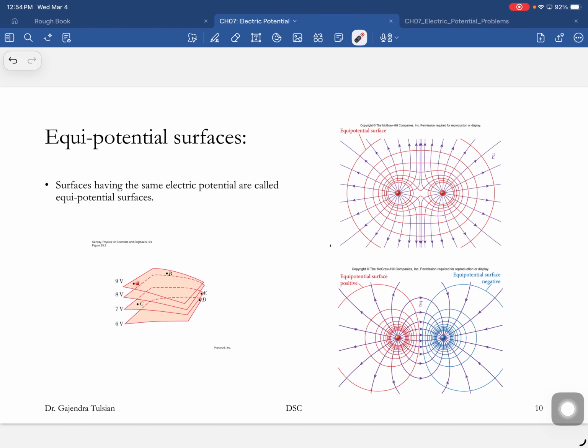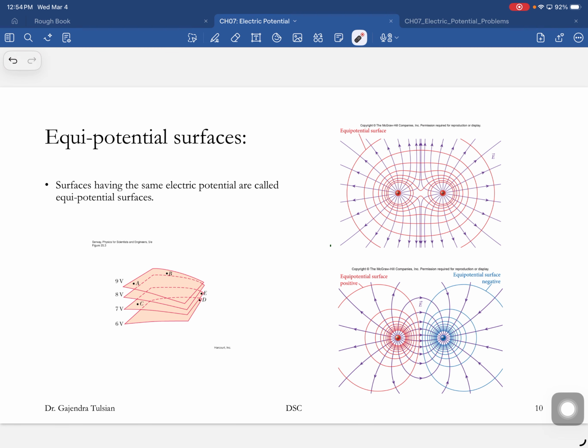All right, so here's an equipotential surface, a surface where the potential is the same everywhere. 9 volts, 8 volts. We saw that electric fields point in the direction of decreasing potential, and at any given point, the electric field is perpendicular to that surface.